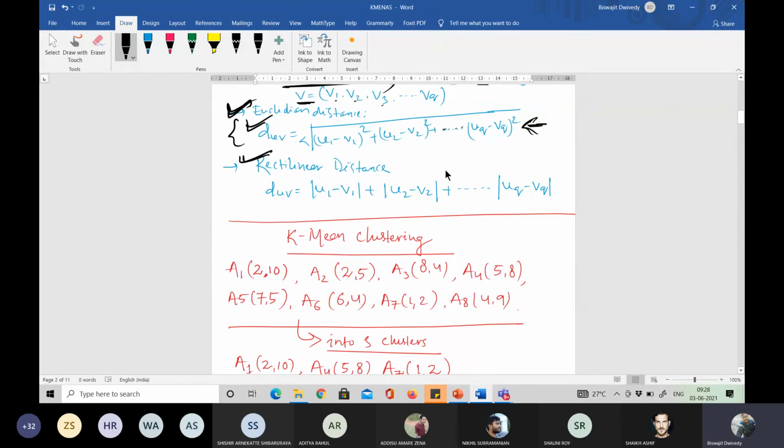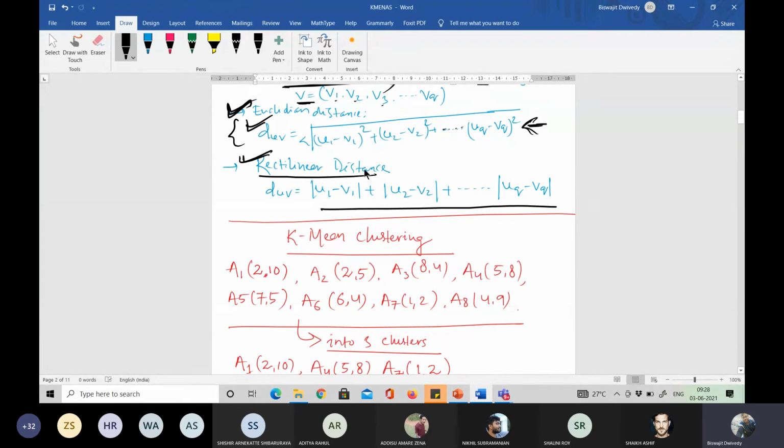Usually, to avoid the square and root calculations, we use these types of definitions in programming. So if I want to find out the rectilinear distance, the distance will be simply modulus of u1 minus v1 plus modulus of u2 minus v2 plus up to modulus of uq minus vq.